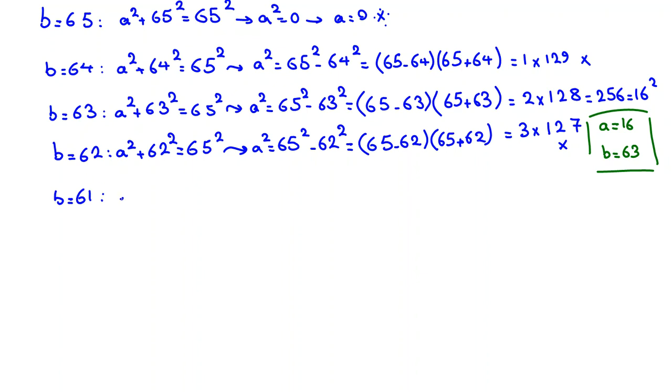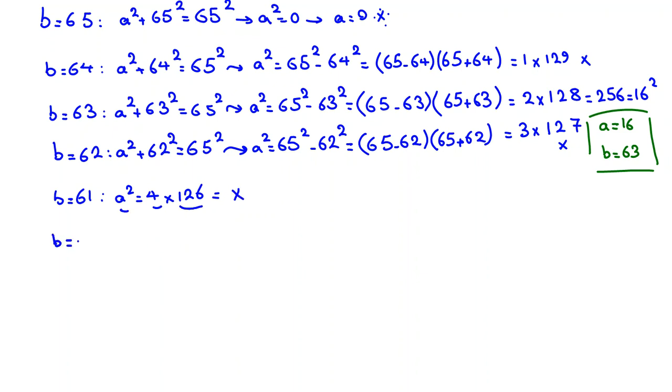The next one, if you write a squared, will be 4 times 126, as 129, 128, 127 decreased by 1. Is it a perfect square? No, because when it is 4, it is a perfect square, and this one should be a perfect square, but 126 is not.